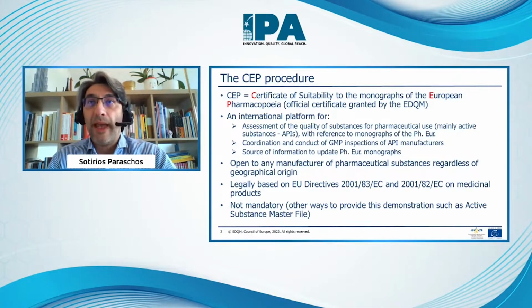The procedure is open to any manufacturer of pharmaceutical substances, regardless of the geographical origin. You will see the repartition in one of the next slides. It is legally based on these two EU directives on medicinal products, and it is not a mandatory procedure since there are other ways to provide this demonstration of compliance, such as the active substance master file.